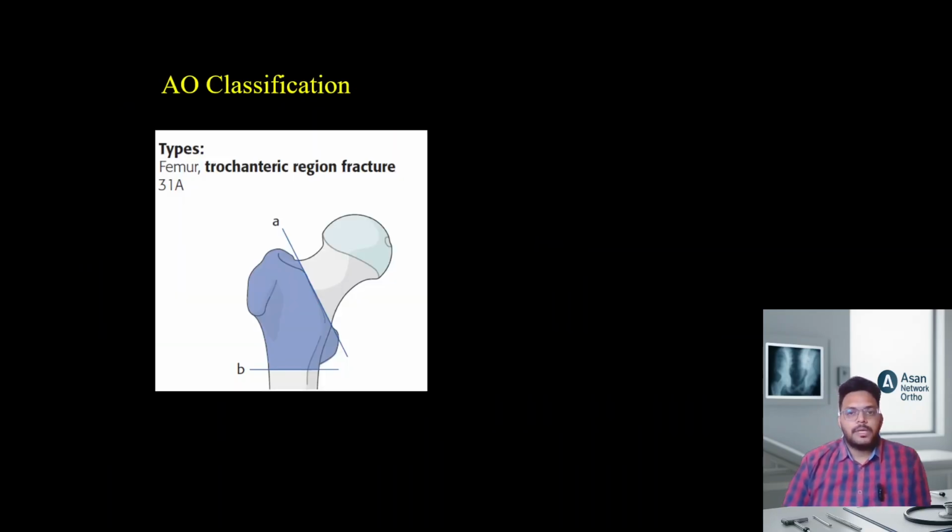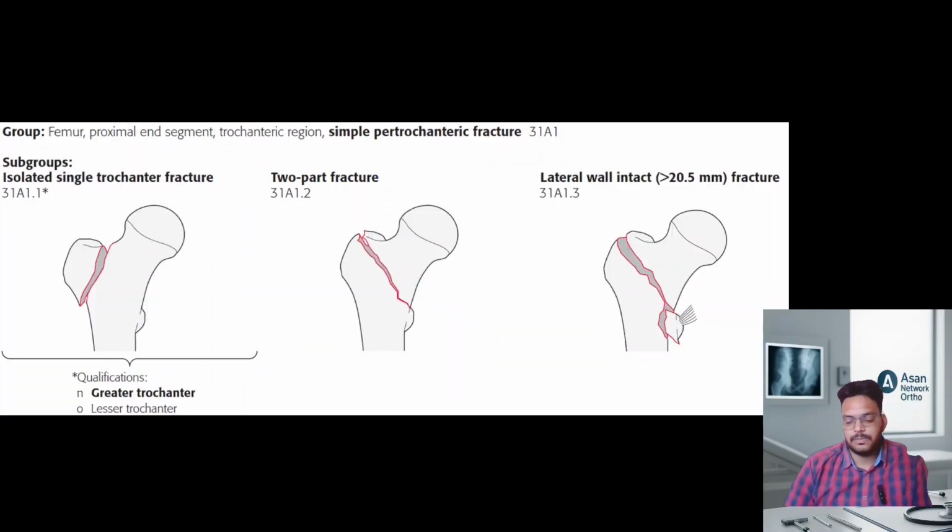Now coming to the AO classification, what is the trochanteric region? Can anyone describe from where to where the trochanteric region is in the AO? It starts from the intertrochanteric ridge and goes to 1 centimeter below the lesser trochanter in a transverse fashion. This whole area includes the trochanteric region.